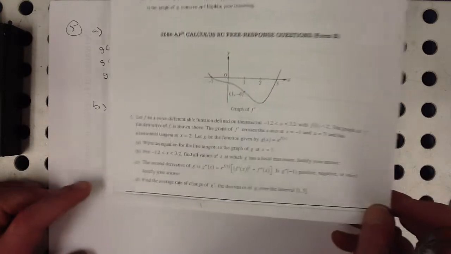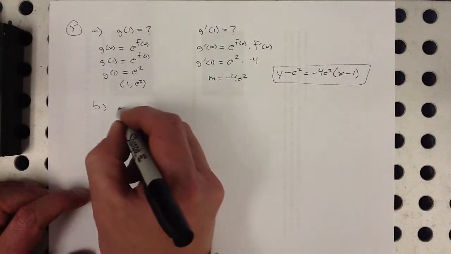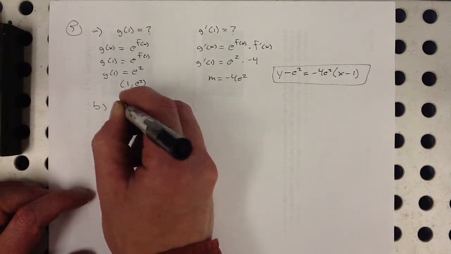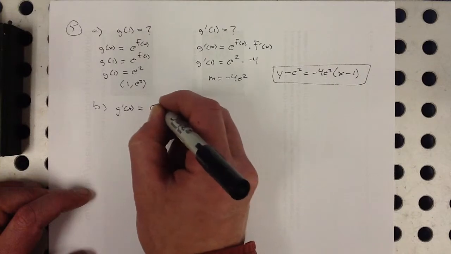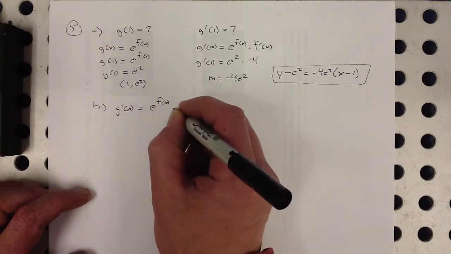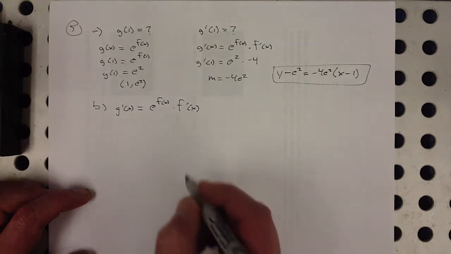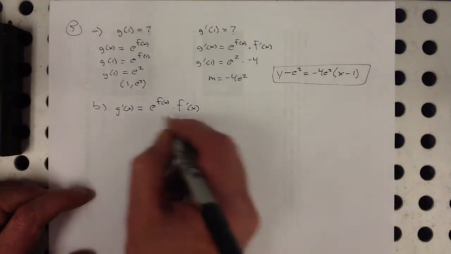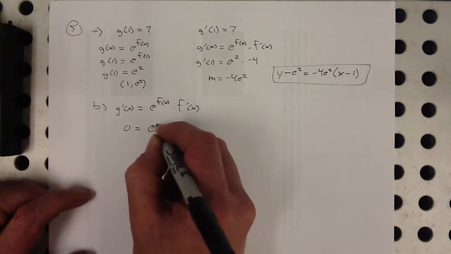So let's see if we can set g prime equal to 0 and figure that out. We've got the g prime function. g prime of x is equal to e to the f of x times f prime of x. And I'd like to know where this is equal to 0. That would give me the critical points.